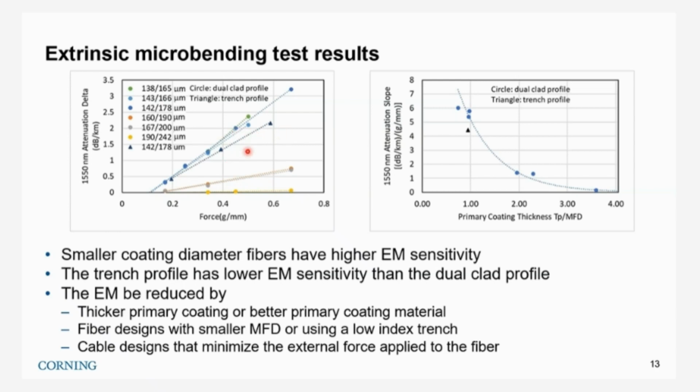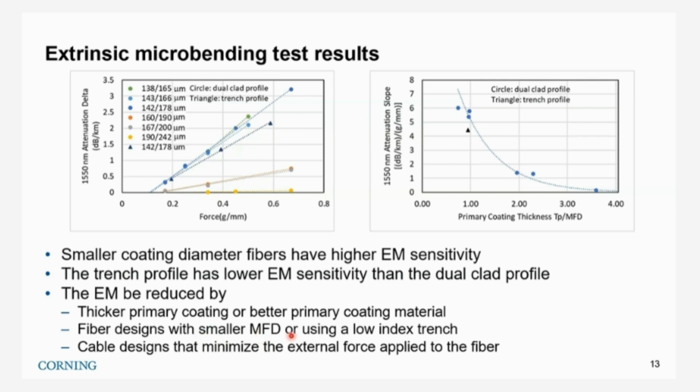From this data, our analysis shows that the microbending attenuation increase scales with the primary coating thickness and the mode field diameter. So to reduce the extrinsic microbending, you can use a thicker primary coating or a lower Young's modulus coating material.